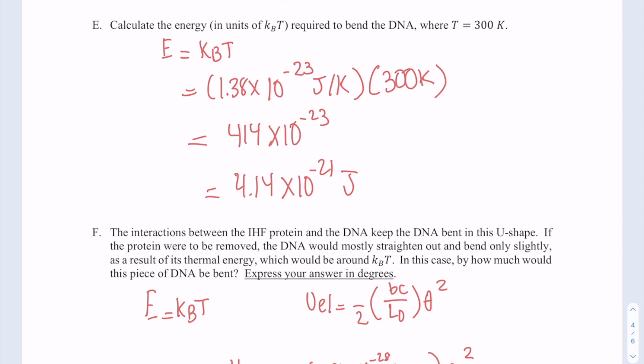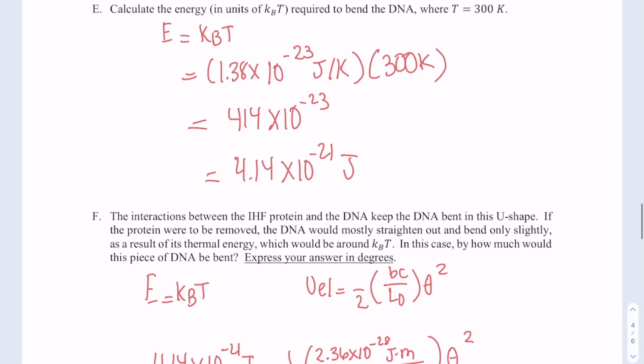Think about the amount of energy it takes to compress the spring; it's the amount of energy of bending as well. So the energy that it takes to bend or to compress or stretch a spring is the bending energy, or the stretching or compressing energy. So the bending energy here is equal to the elastic potential energy, because the elastic potential energy is defined as the bending energy, or the energy required to bend an object.